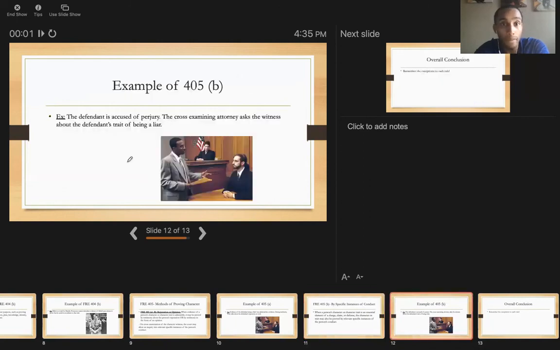Therefore, the cross-examining attorney may ask the witness here, the person that's circled, about the defendant's trait of being a liar. And that person can tell the lawyer about that person's reputation or opinion, or simply, again, that person's specific instance of being a liar at work, let's say.